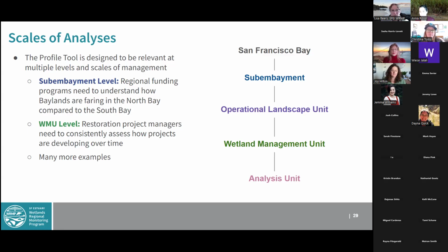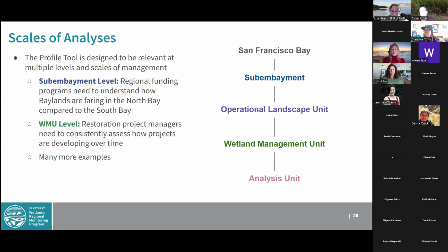And so this profile tool that we've developed is designed to be relevant at multiple levels and scales of management. So for example, at the sub-embayment level, a regional funding program may need to understand how baylands are faring across the estuary writ large, so looking at the North Bay versus the South Bay.